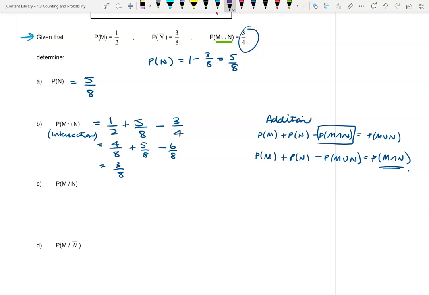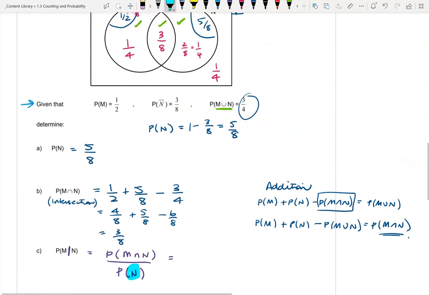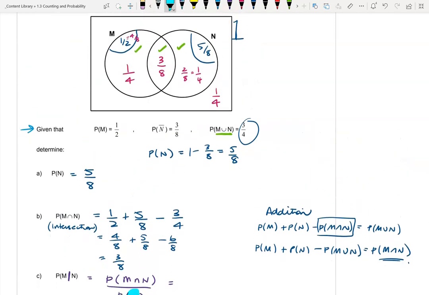What's the probability of M given N? So using our rule, this is M and N over the probability of N. Using our Venn diagram, it just tells us that if we have the condition that we must be in circle N, where is M? And so straight away we can see that out of circle N, we've got out of 5/8, we've got 3/8.